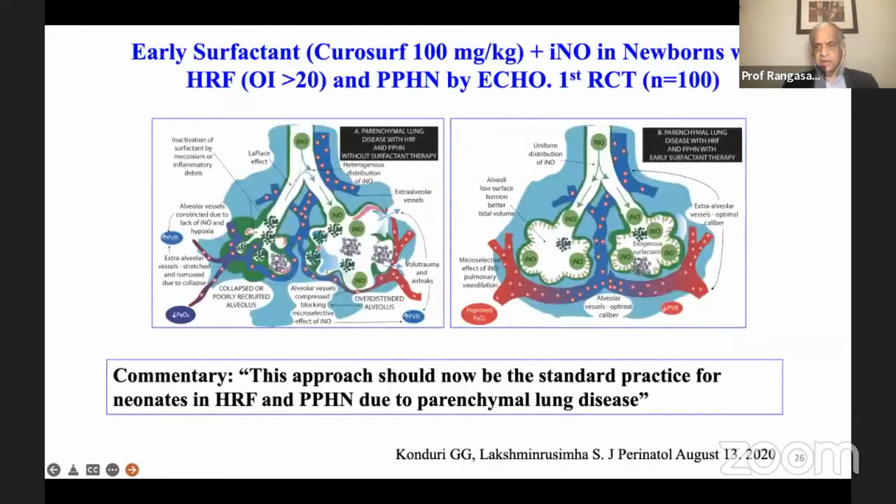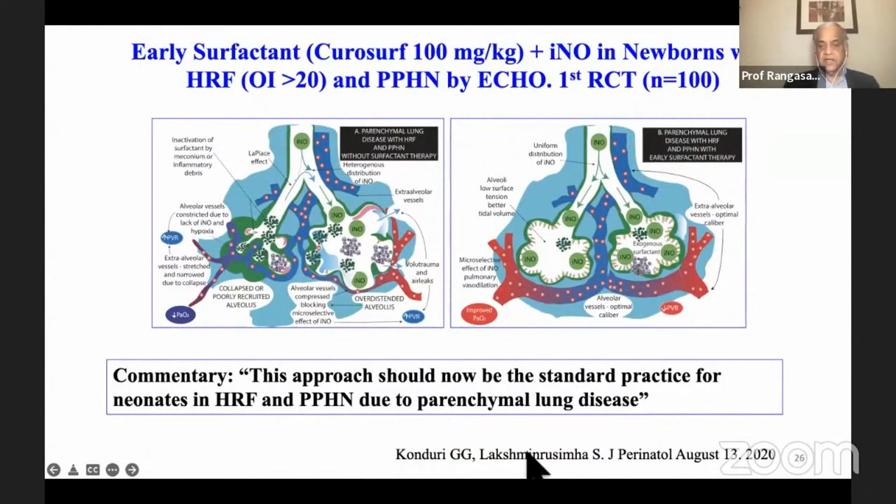What about surfactant? In a baby with meconium aspiration syndrome, if you give nitric oxide with alveolar atelectasis, you're not going to deliver the nitric oxide to collapsed alveoli. If you want to optimize ventilation perfusion mismatch, you need to recruit the alveoli by giving surfactant. This is the first randomized control trial, published from Chile in the Journal of Perinatology.